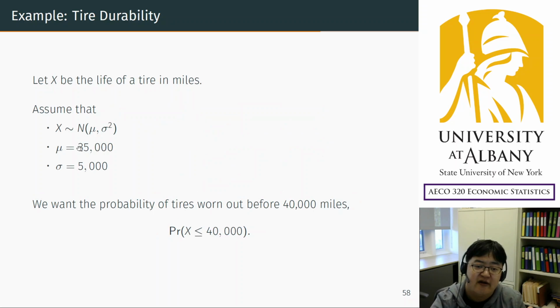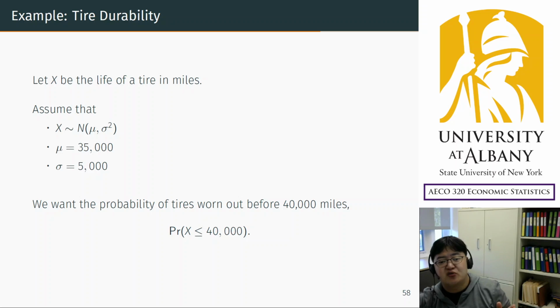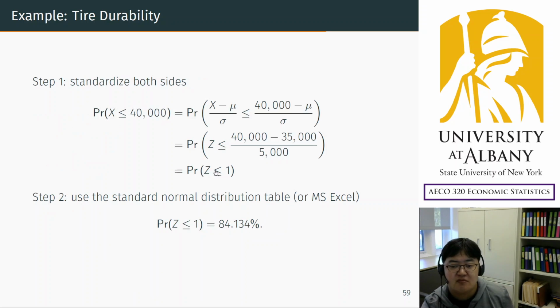The mean is 35,000 and the standard deviation is 5,000. So if a tire endures 40,000, that means the tire mileage is 1 standard deviation longer than the mean. So this number captures the relative distance from the mean, right?